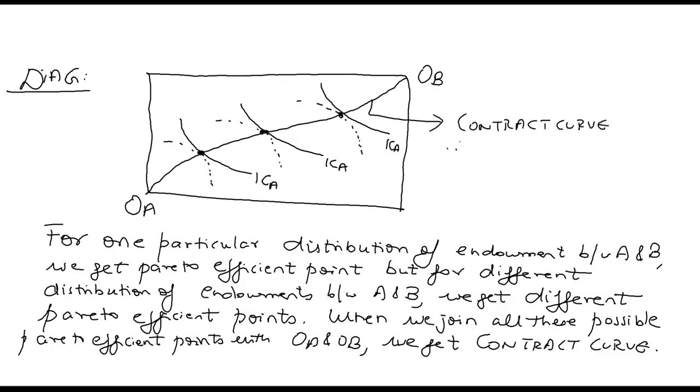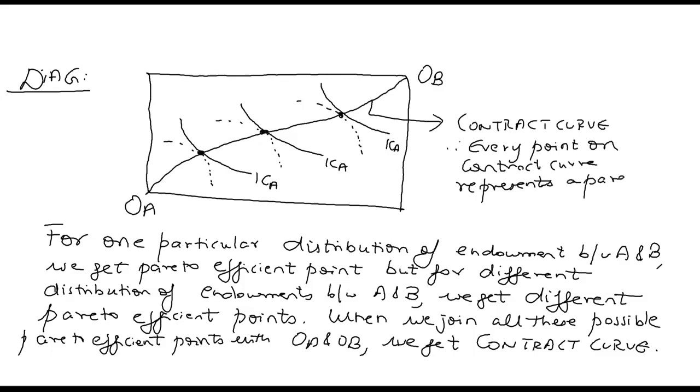So every point on the contract curve represents a Pareto efficient allocation.